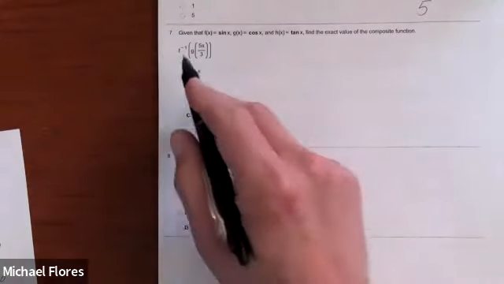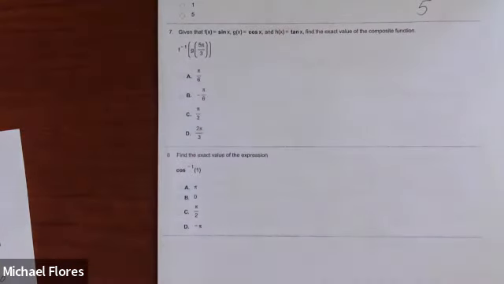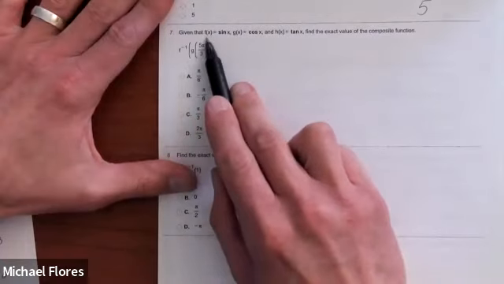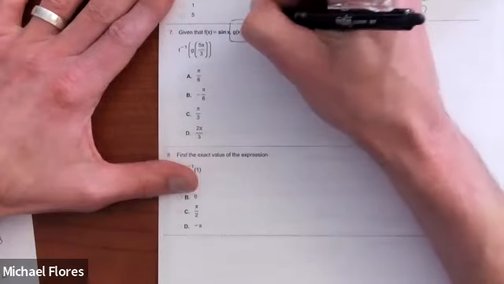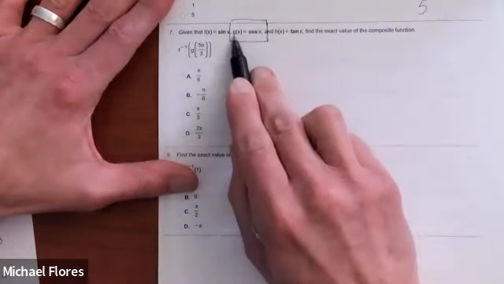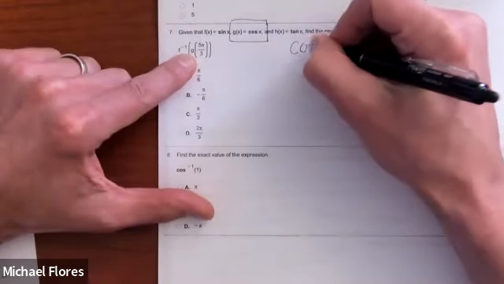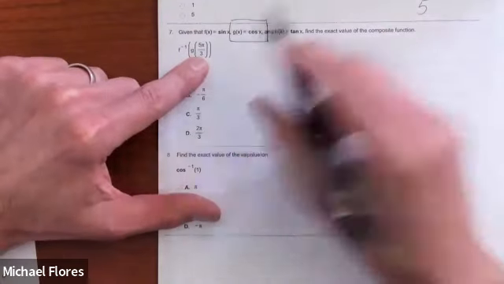7. I'm not going to read all that. Okay, so we have f of -1 of g of 5 pi/3. So I'm going to figure out what is the g function? There's our g function. So everywhere I see a g, I'm going to write cosine and then substitute for x whatever is in parentheses.